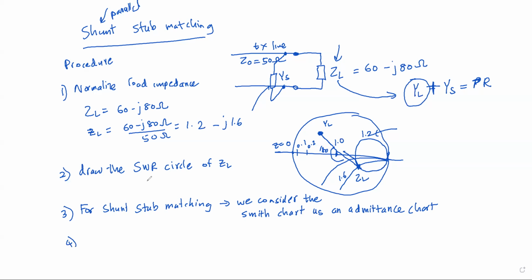So it's okay for you, right? That part. Then you need to extend that point, YL. The YL is the admittance point, okay? Let's mark it simply as YL, right?